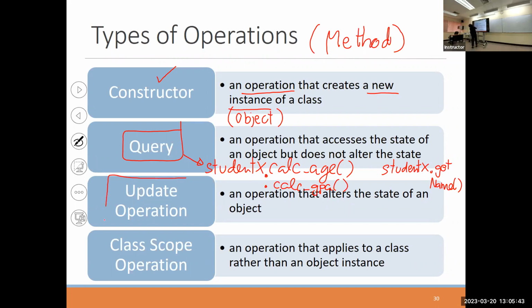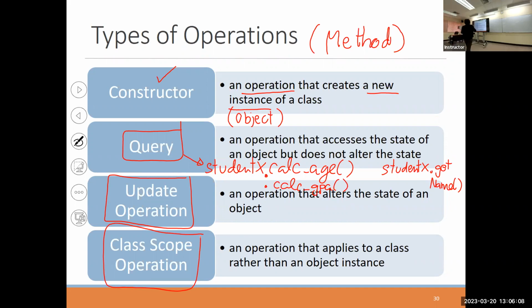Another type of method is update, to make changes, such as to update your name, to update your email, to update anything that belongs to the student object. Class scope operation is a kind of class method. It applies to the class in general, not to a specific object.